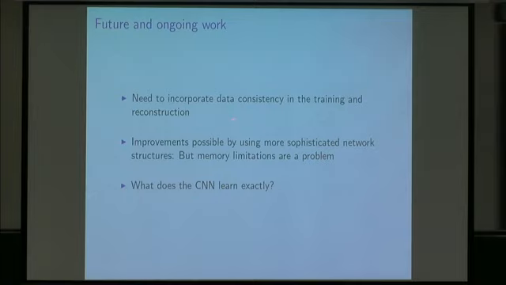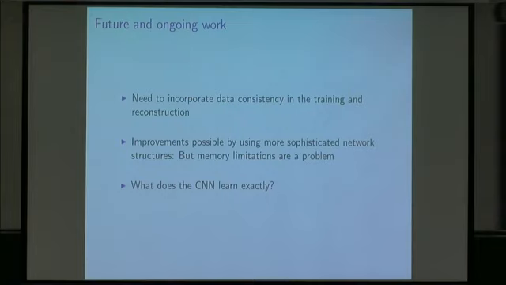Also, the network was rather small and more empirically chosen; we could definitely use some more sophisticated network structures, but then I ran into memory limitations on my workstation. My GPU was already maxed out.